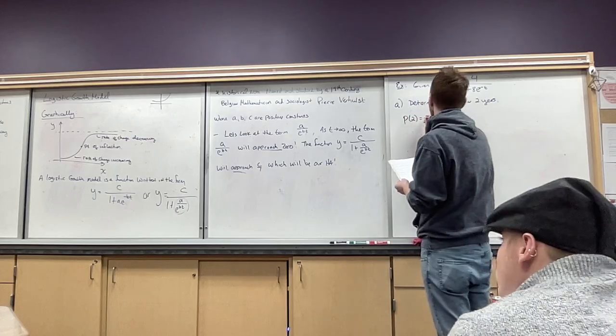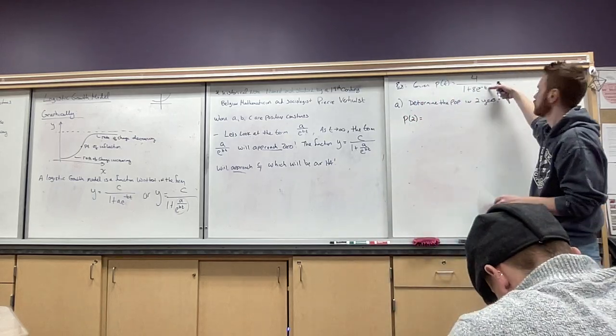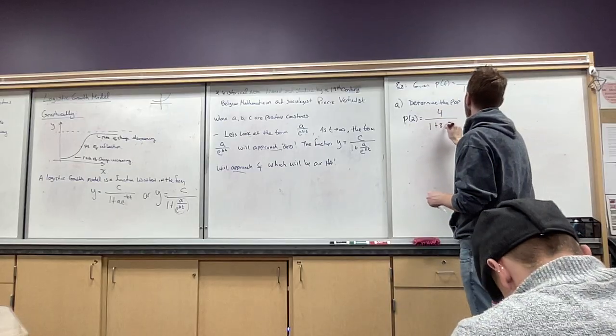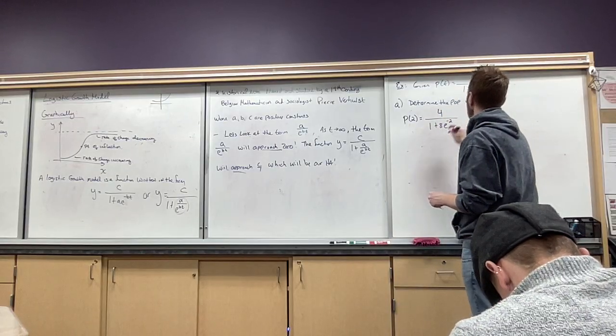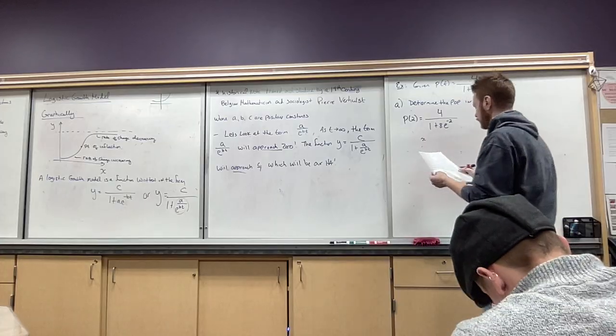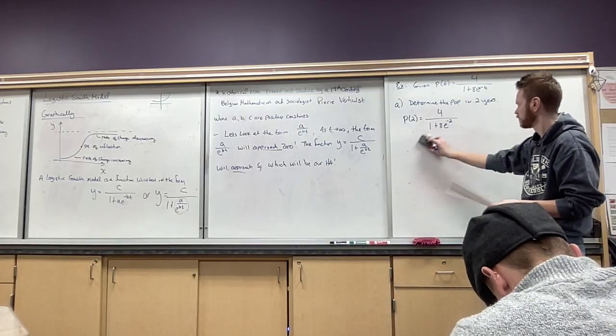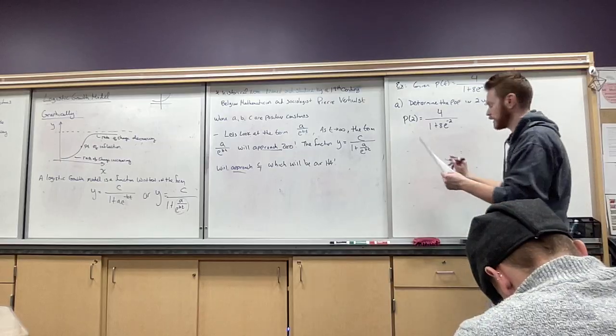And what's it going to grow to in 2 years? So let's do that. P(2) equals, I'm just going to plug 2 in here, so it's 4 over 1 plus 8e to the negative 2. I want you to try plugging this into your own calculator when you have time.